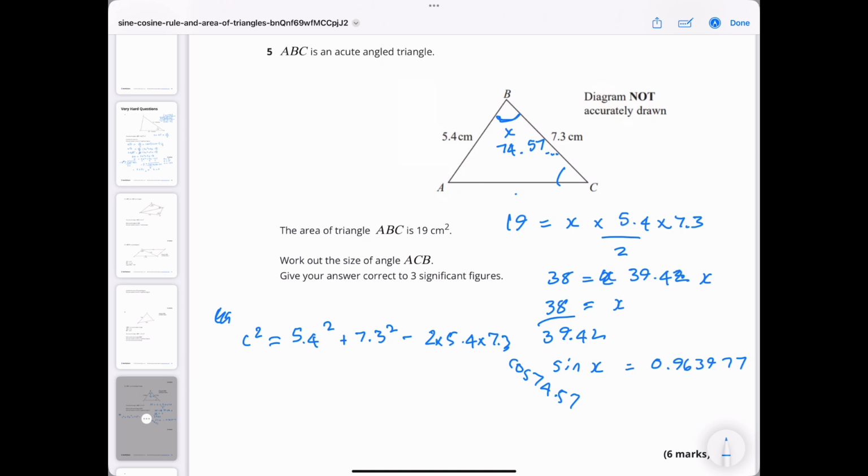I'm hoping this will work without being too annoying. Equals 7.84 blah blah blah.